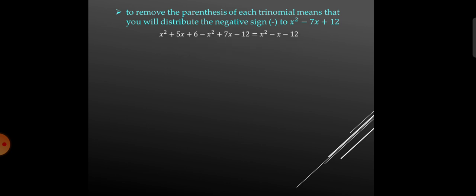So the first trinomial, remove the parentheses, and write x squared plus 5x plus 6. The parentheses are gone. Then the negative sign, the operation in between, isn't it minus? So the minus operation is distributed to the trinomial x squared minus 7x plus 12.